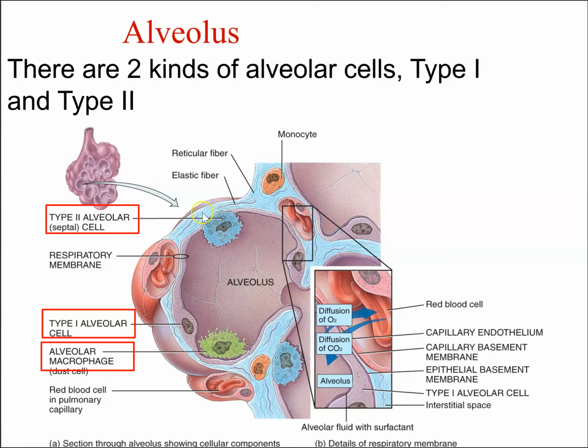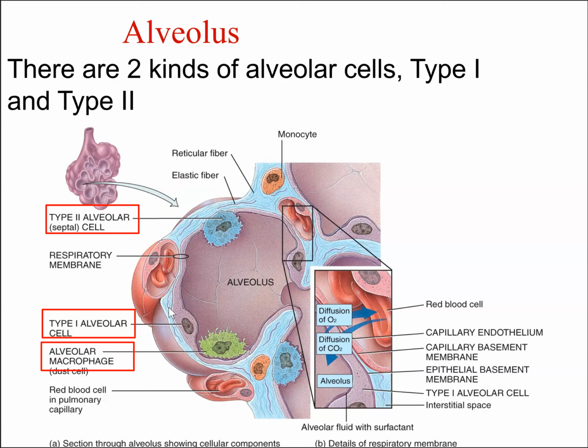If you look at the terminal ends in the lungs, you see a grape-like structure known as the alveolus. Now, the alveolar ducts are the site of gas exchange. So these are the respiratory regions of the lungs.